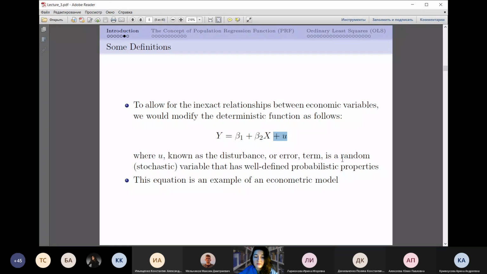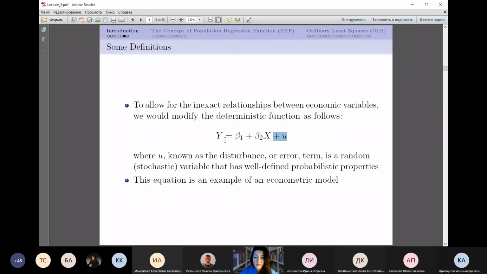This is some random, stochastic variable that has well-defined probabilistic properties. This term may well represent all those factors that affect wage, as we continue our previous example, but are not taken into account explicitly for some reasons.